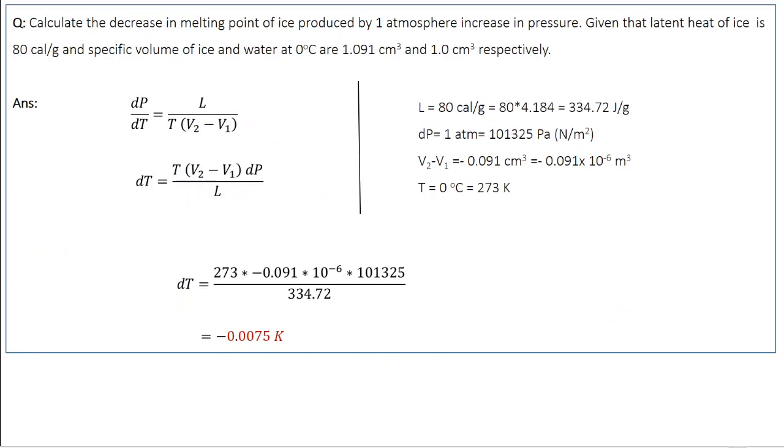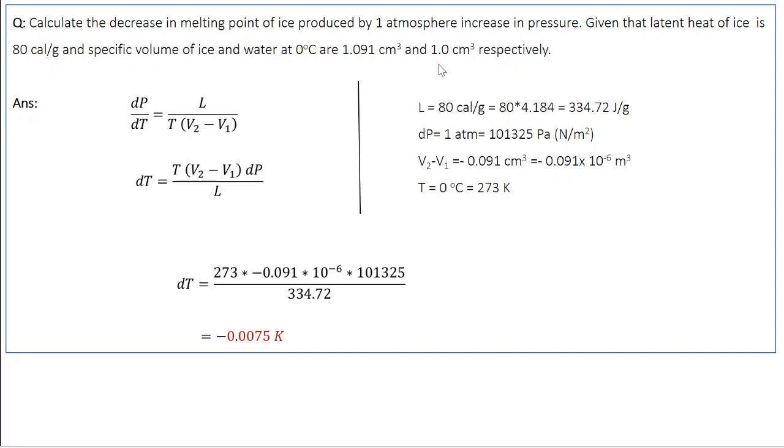Before winding up, let's do a quick problem. Calculate the decrease in melting point of ice produced by 1 atmosphere increase in pressure. Given that the latent heat of ice is 80 calorie per gram and specific volume of ice and water at 0 degrees Celsius are 1.091 centimeter cube and 1.0 centimeter cube respectively.